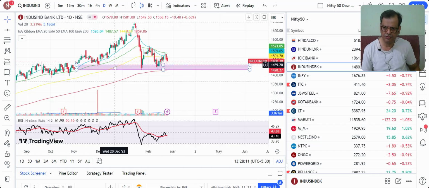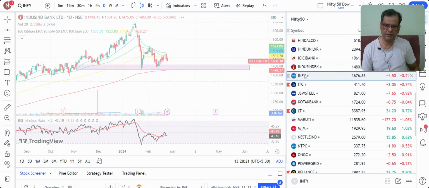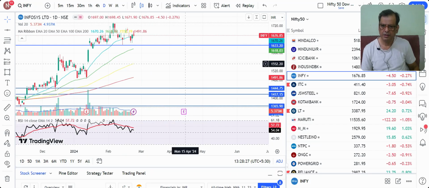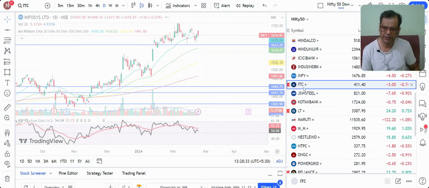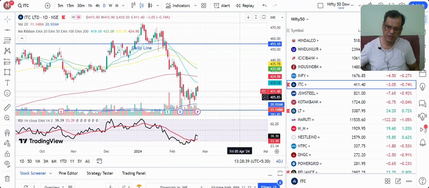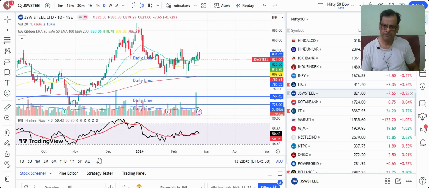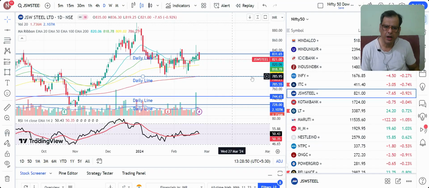So I showed you a rally base rally demand zone. I have shown you support. I'm trying to search for a drop base rally, fresh demand zone. If I can get something that is untouched.